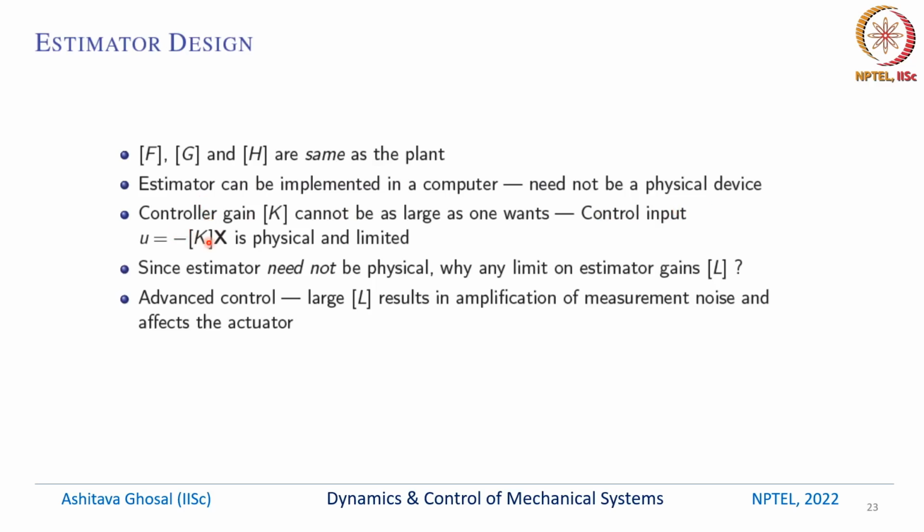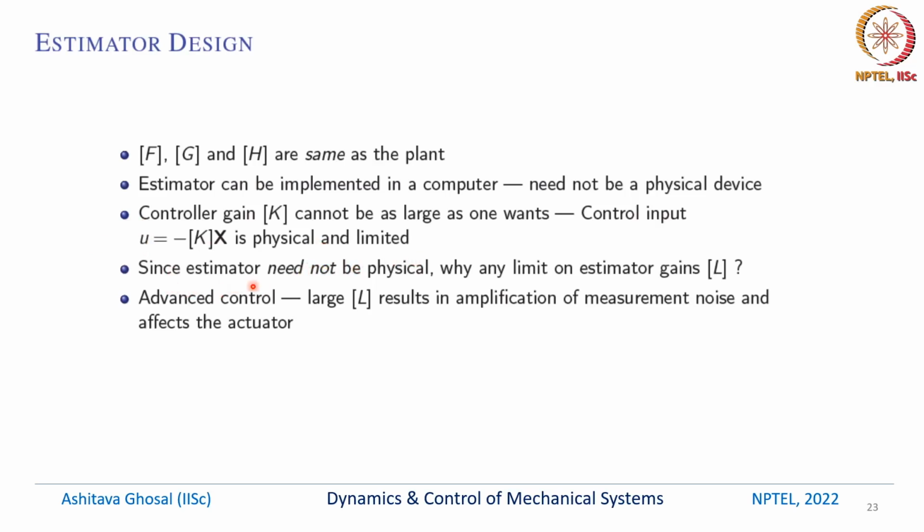The controller gain K cannot be as large as one wants. Why? Because the control input u, which is minus Kx, is physical. It is basically a torque supplied by a motor or some voltage or some current, and we would like to keep u as small as possible.